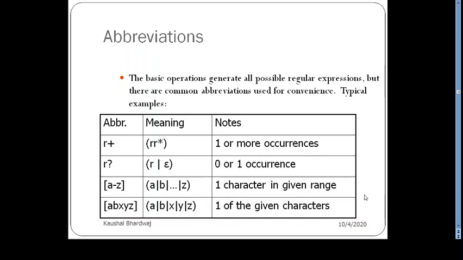A to Z. In this way also you can write a regular expression, which means any one character between A to Z, either A or B or C or Z, any one. Here you can see A, B, X, Y, Z, which means one of the given characters, right?